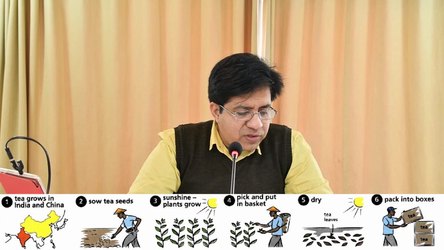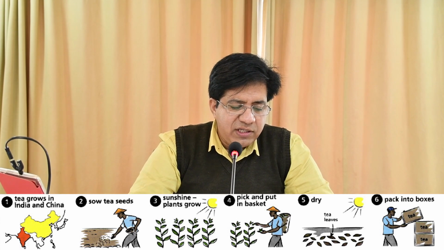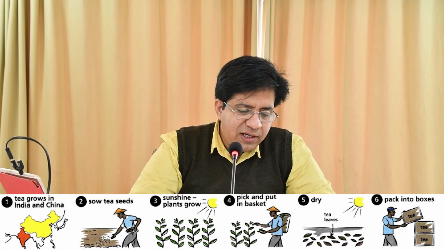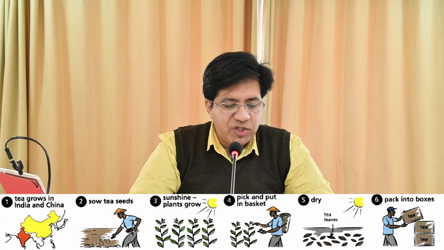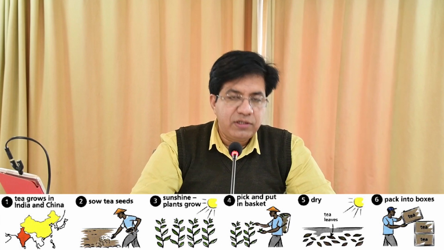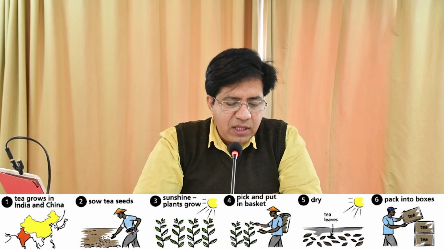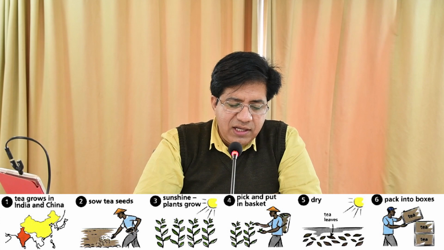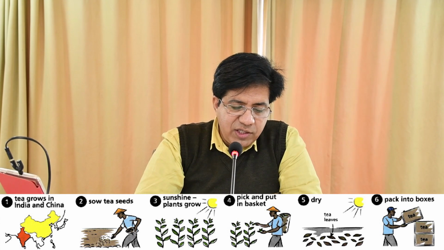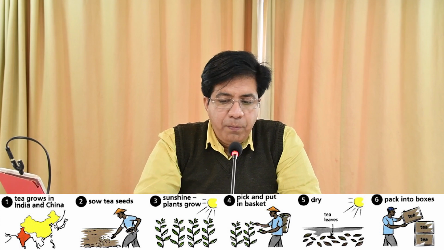Step 1, tea grows in India and China. Step 2, farmer sows tea seeds. Step 3, sunshine and plants grow. Step 4, farmer picks and puts the tea leaves into his basket. Step 5, tea leaves are dried, okay, under the hot sun. Step 6, tea leaves are packed into boxes.